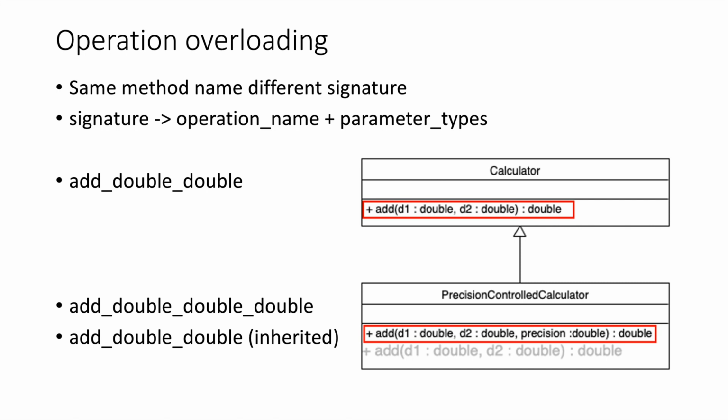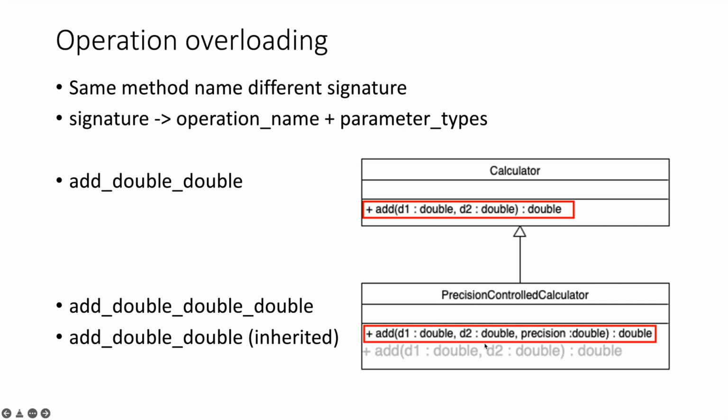Now how do we decide whether there is method overloading or operation overloading or not? We combine what we have learned about inheritance. You know that whatever is in the base class operation is inherited by the child class. This child class also has a method which it inherits from the base class, purposely shown in gray because it is not written in this class but is inherited from the base class.